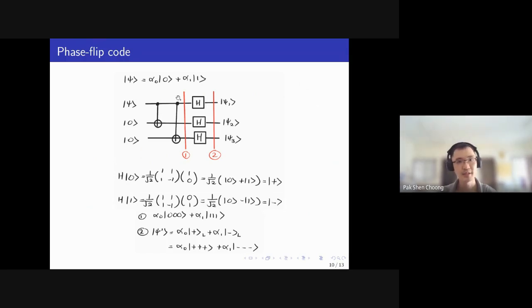So we already know what the first part of this circuit does, so we can just write the answer. Then you apply the Hadamard gate individually, so you just get plus, plus, plus, and minus, minus, minus. So this together is encoded into plus, and this together encoded is minus. So this is the encoded qubit.